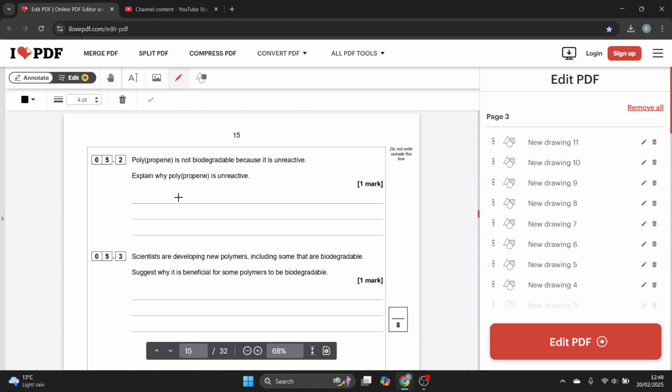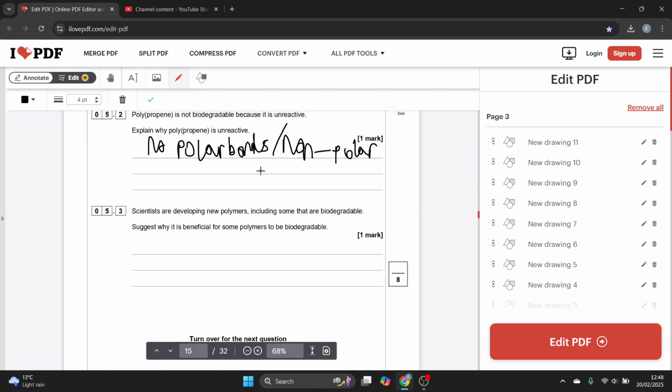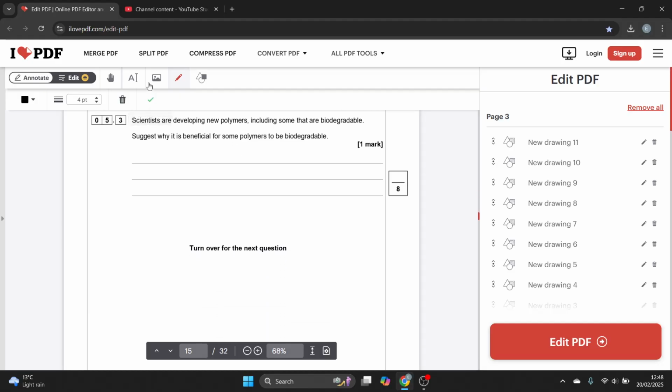Explain why polypropylene is unreactive. No polar bonds, non-polar. Suggest why it's beneficial for some polymers to be biodegradable.